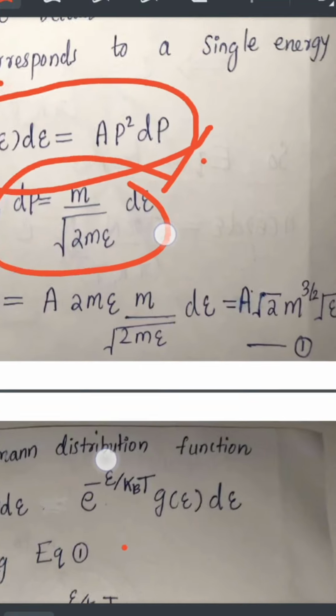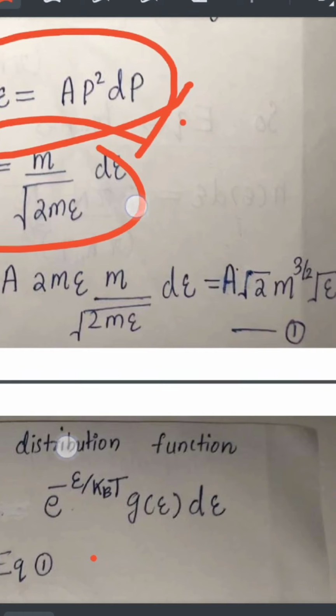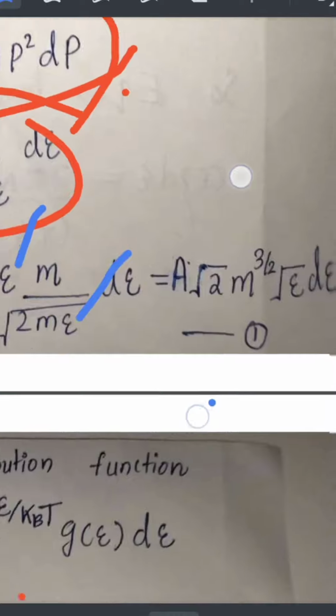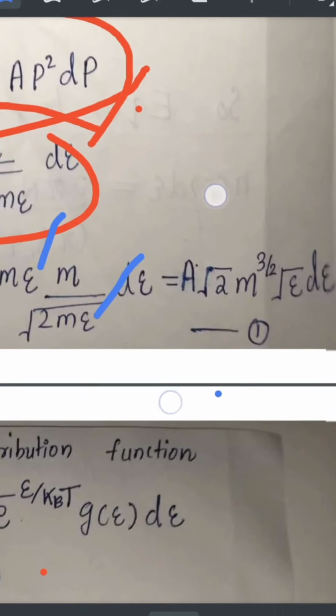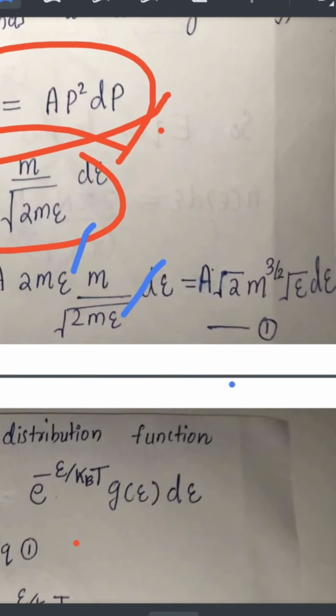You can simply see that this epsilon and this root epsilon cancel and give root epsilon in the numerator, and also this m gives m square in the numerator.